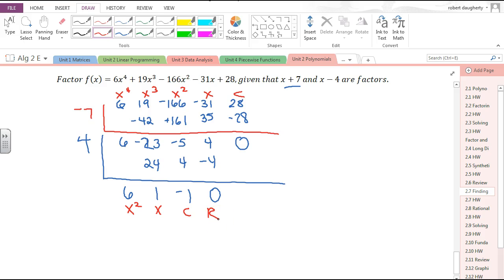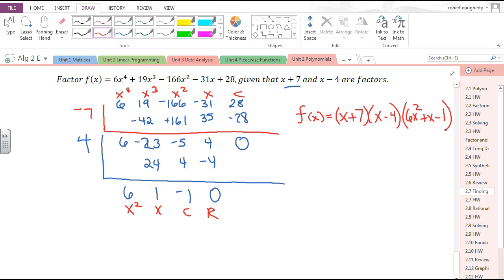So now I know that this polynomial f of x, what are the factors? What are the two that we know? Yeah, x plus 7, x minus 4, and what's the one that we have down there? Yeah, 6x squared plus x minus 1.